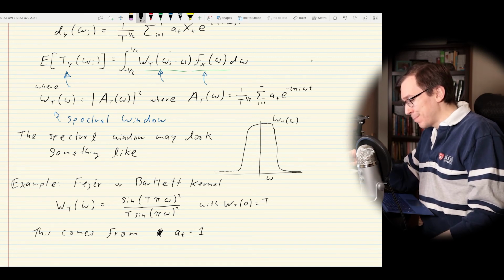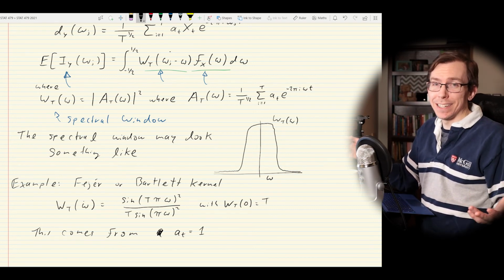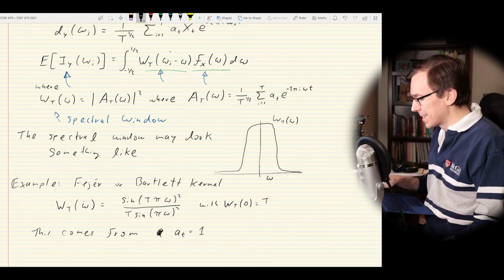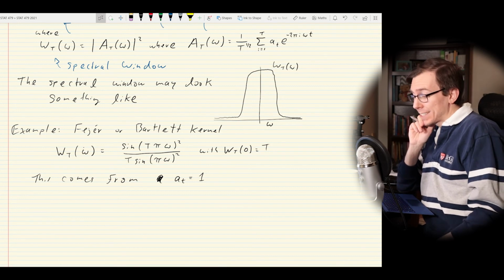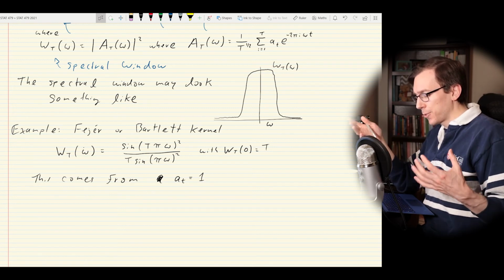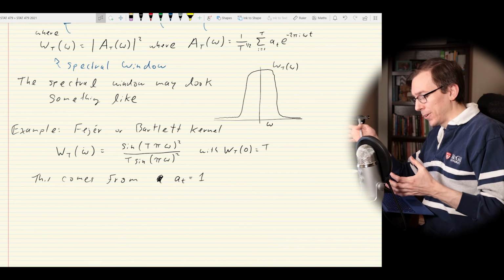Then my capital A is just the sum of these complex exponentials, and when I take the squared modulus of that, I get something that looks like this. I haven't actually checked that myself. Maybe we can write it all out and check it, but not in this lecture. Roughly, it's just a way to note that we can integrate with respect to this kernel.